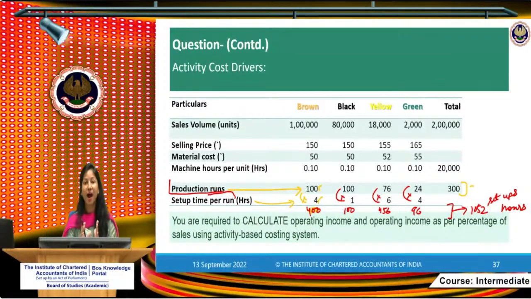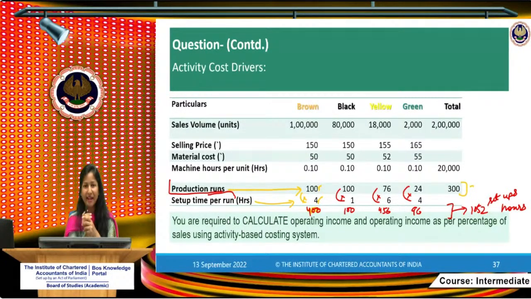That's why we need to multiply 100 into 4. In total, for this brown color, the company is taking 400 hours for changing or setting up for manufacturing this kind of color.